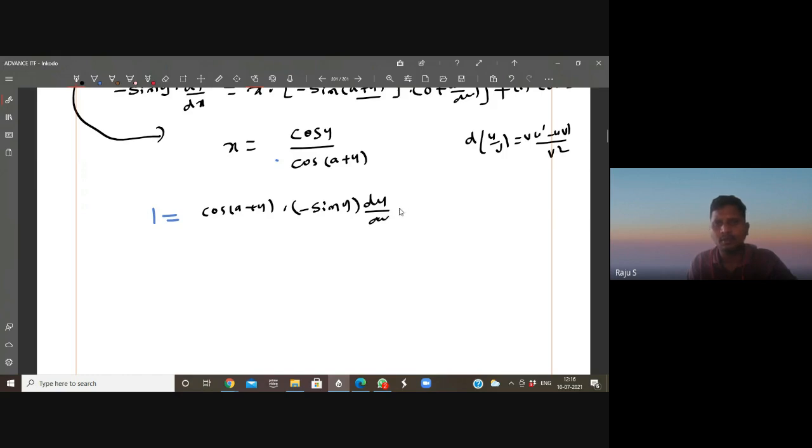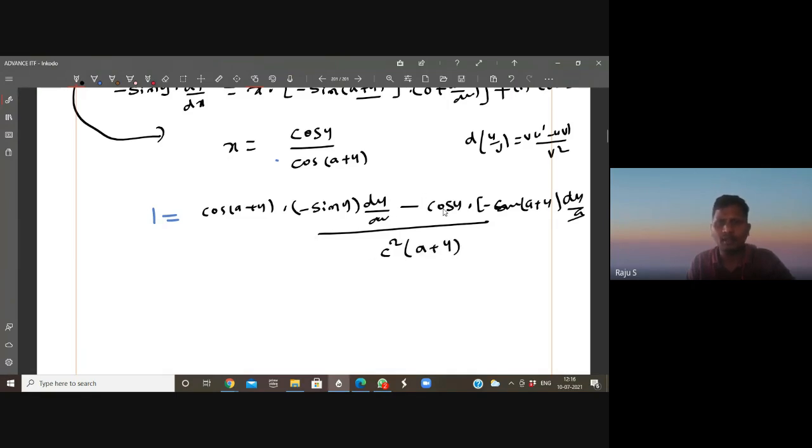Then minus, what about this? cos y minus of sin of (a plus y) into dy by dx, by the same cos square of (a plus y).